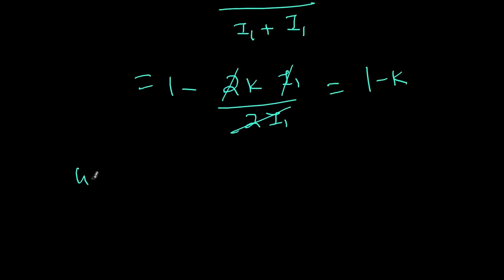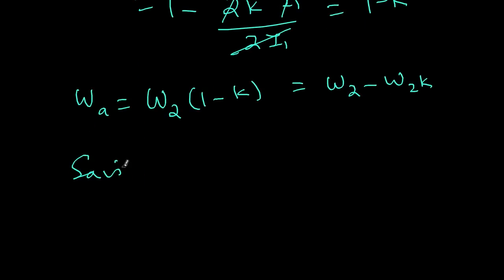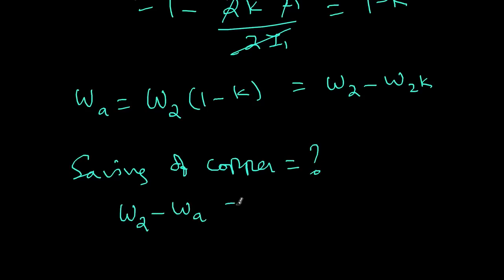So the weight of the auto transformer is nothing but the weight of the two winding transformer multiplied by 1 minus k, that is W2 minus W2 into k. Now what is the saving? Saving of copper is nothing but W2 minus WA, the weight of the two winding transformer minus the weight of the auto transformer.